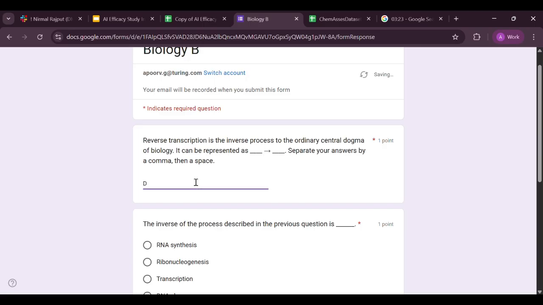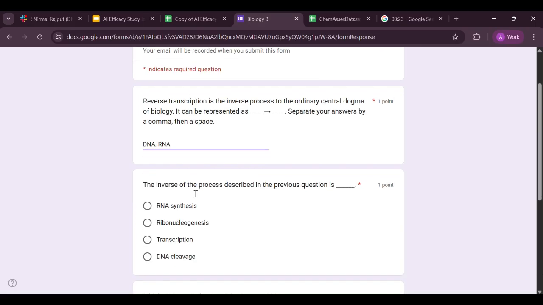We will check further whether it is correct or not. The inverse of the process described in the previous question is, as we can see, the inverse of reverse transcription will be transcription. So the option will be transcription.